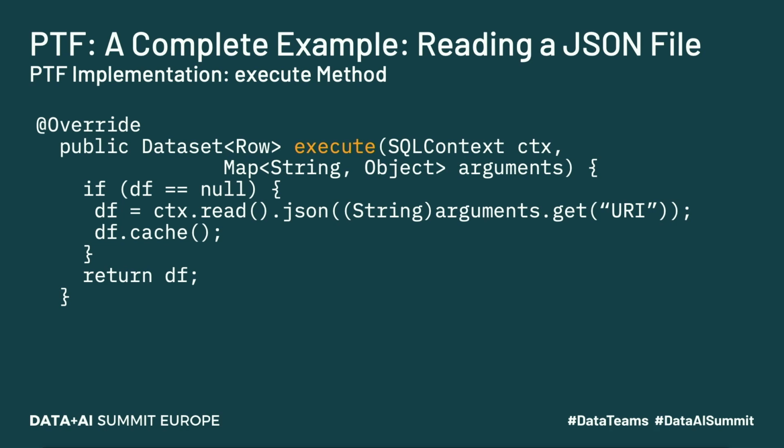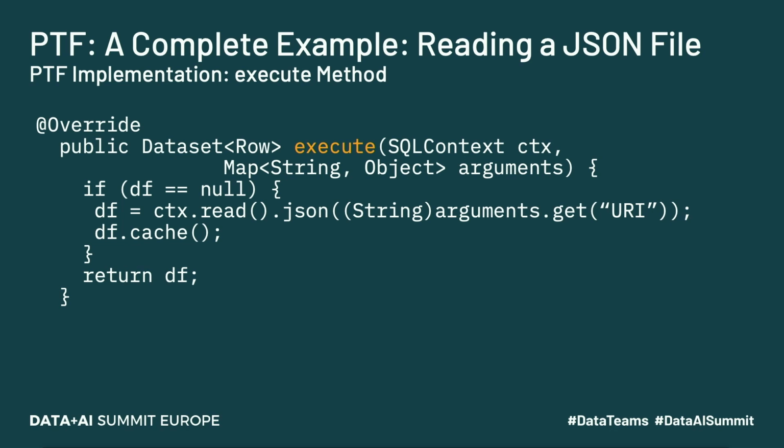The next important method we have to implement is the execute method. You remember that's the one which is doing the actual work and returns the table. And here we again read the JSON file, which is passed with the argument URI, if you haven't done that yet.